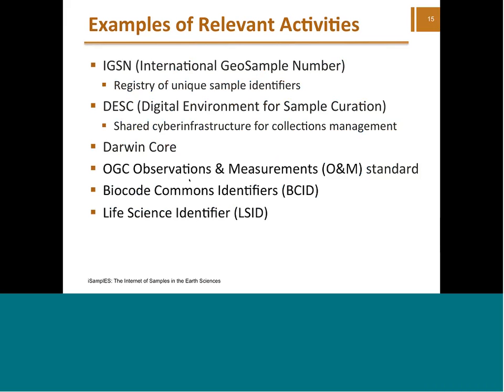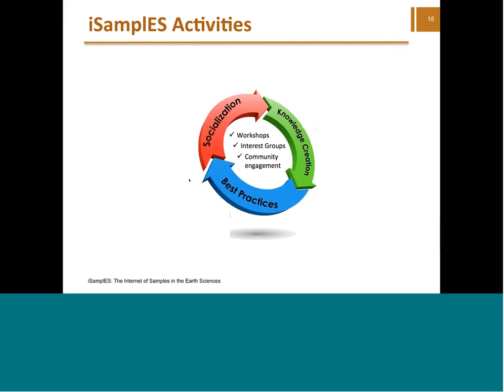Then we have the Open Geospatial Consortium Observation and Measurement Standard that defines a logic structure for describing sampling features such as specimens. There are other efforts going on for unique identifiers such as the Biocode Commons identifier and the Life Science identifier. So there is a lot to build on for our Research Coordination Network.